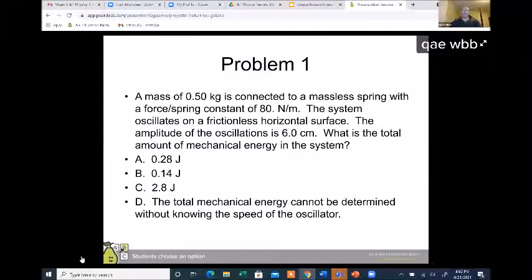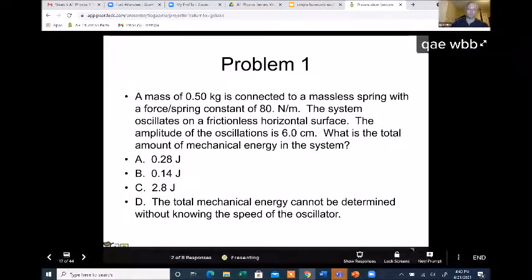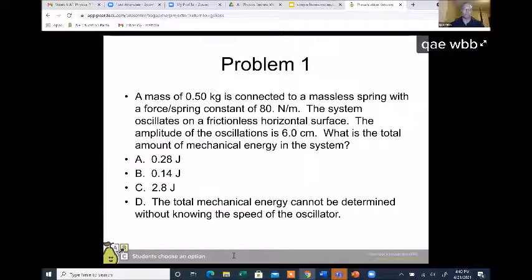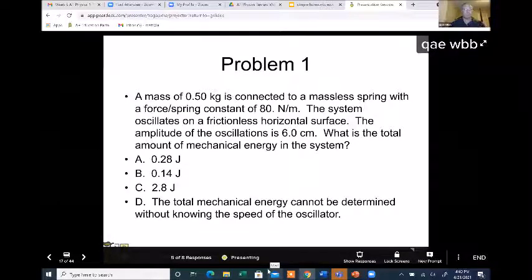So take a minute, see what you can do on problem number 1, and just type in your answer, A, B, C, or D.